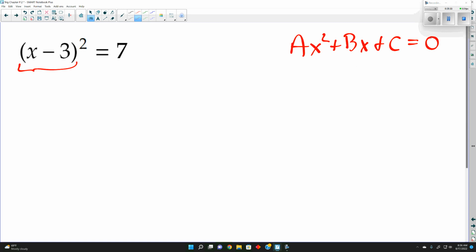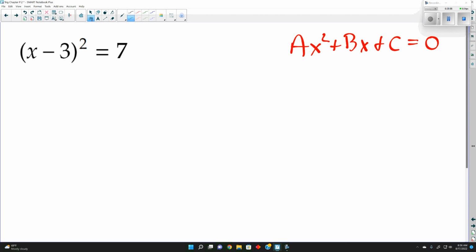But here, we do have a set of parentheses that's already squared, yes? And it's not equal to 0. If it was equal to 0, it would be very nice, because then it's just saying that x minus 3 times x minus 3 is 0.